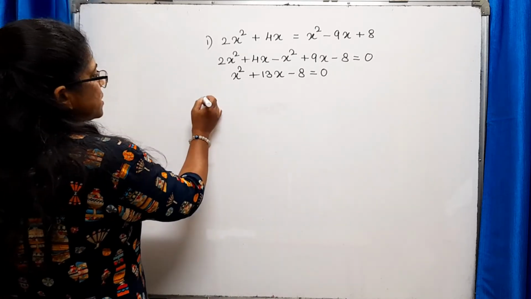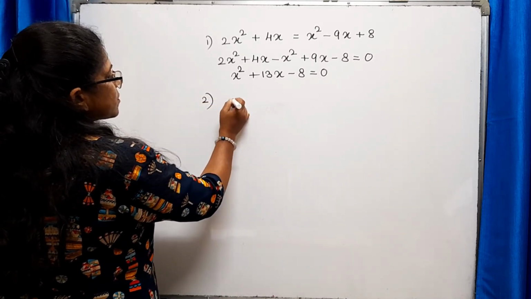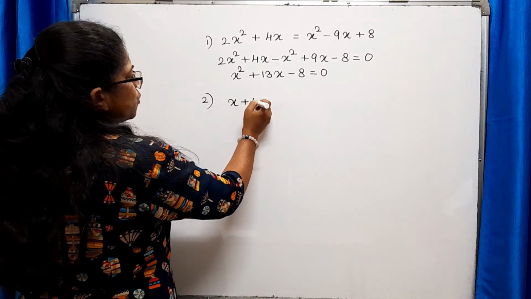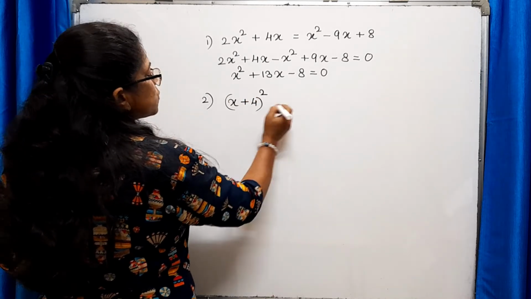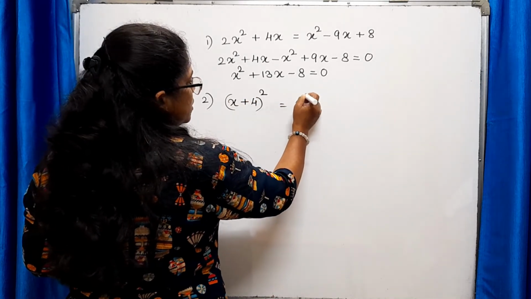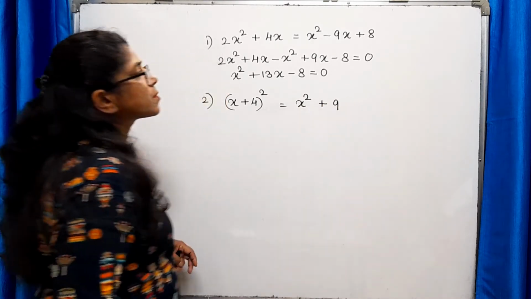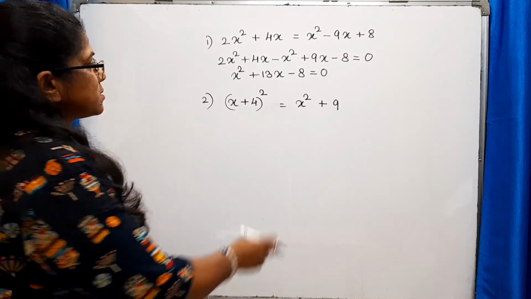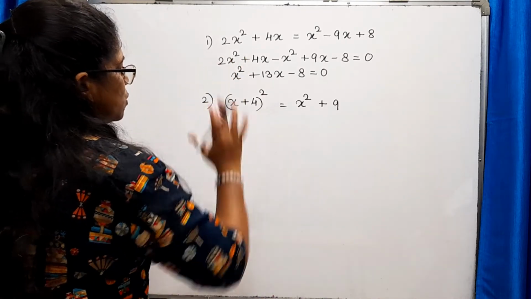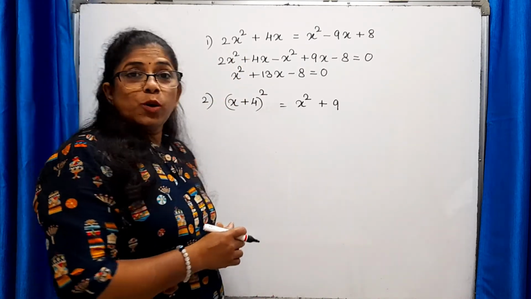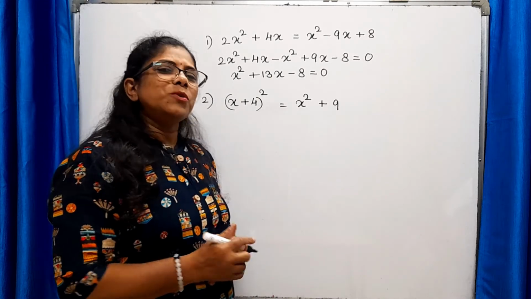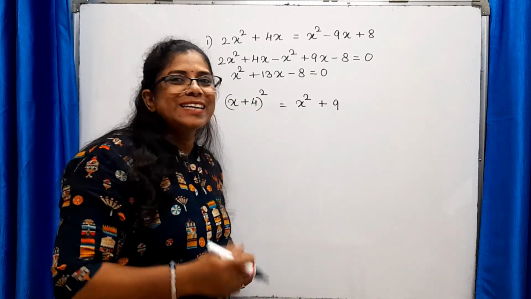Let us check one more example. X plus 4 the whole square is equal to x square plus 9. Let us solve this. X plus 4 whole square. Hope all of you are perfect in identities. If not, you can check our video which is based on the identities.